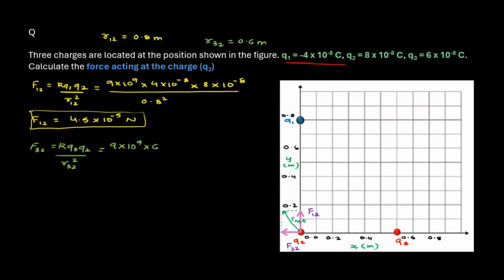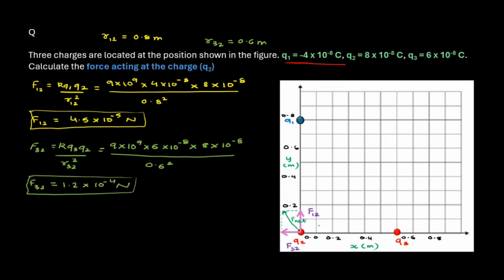Q3 is 6 times 10 to the power negative 8. And Q2 again is 8 times 10 to the power negative 8, divided by 0.6 squared. And when you do this, you get F32 equal to 1.2 times 10 to the power negative 4 Newton.